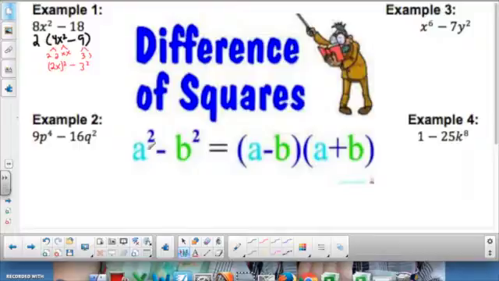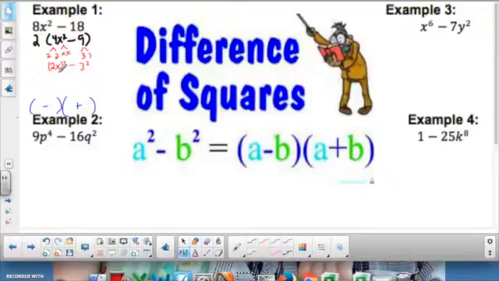Remember, your rule is that you're looking for the base that's being squared minus the second base that's being squared, and these are the values that are going to get factored. So I'm going to have my little shell, and I know that my first one's going to have subtraction and my second one's going to have addition, and I need to identify what that A and what that B are.